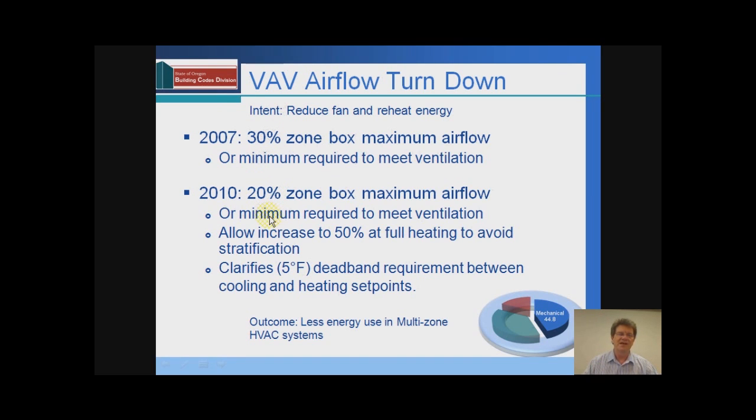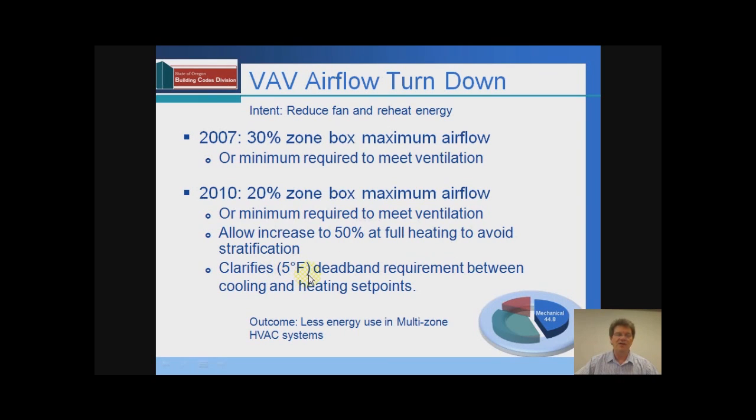What that means is that when a zone is between heating and cooling, when it's in that deadband or neutral temperature zone, the airflow needs to throttle back to 20%. There is an allowance for an increase of up to 50% at full heating to avoid stratification, and we'll look at why that makes sense.